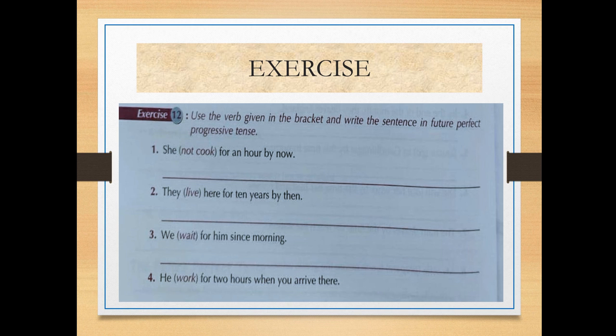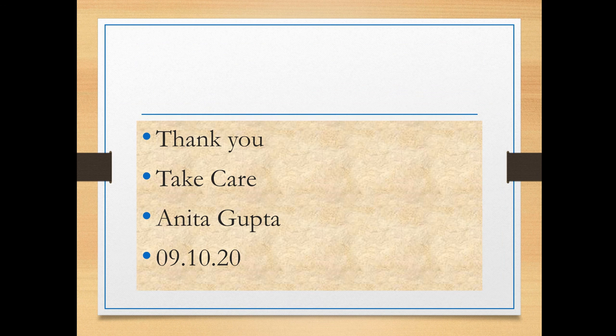So with this, we come to the end of our tenses. We have already discussed the three major parts of tenses, that is past, present and future, along with their subparts. Each of them has four subparts: simple, then progressive, then perfect, and then perfect progressive, right?